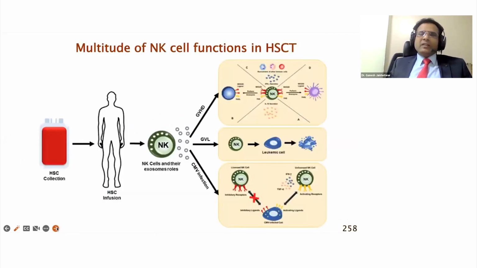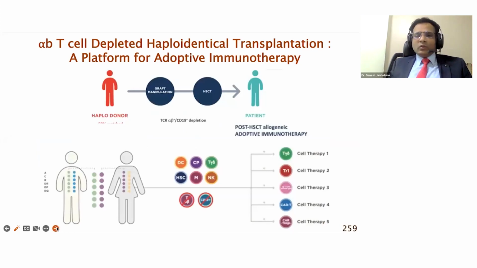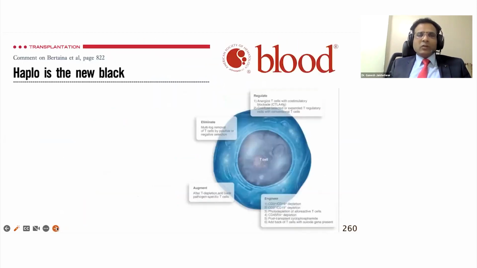NK cells, being separated along with the stem cell product, have a multitude of functions: not only antiviral but anti-tumoral immunity, and they also have a protective effect in GVHD. All these good cells are separated out and transfused along with the CD34 positive stem cells, leading to better outcomes. Based on the promising early results, this was the editorial in Blood 2014.